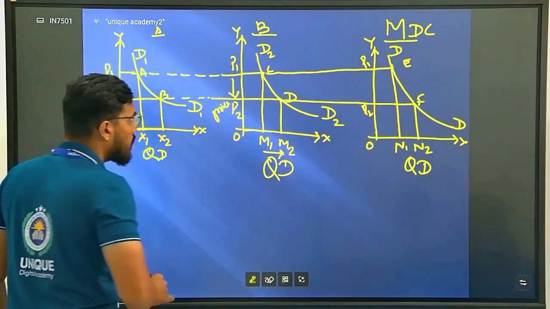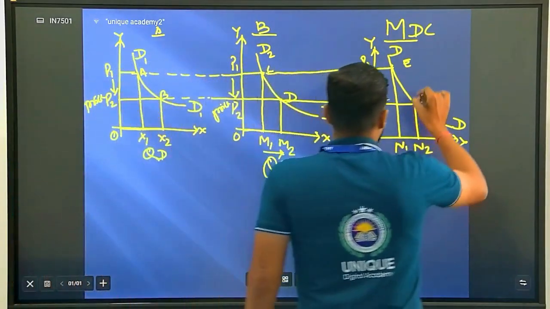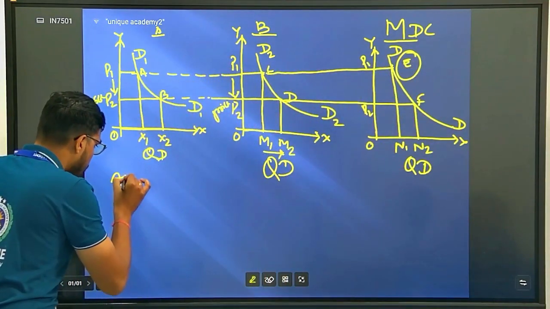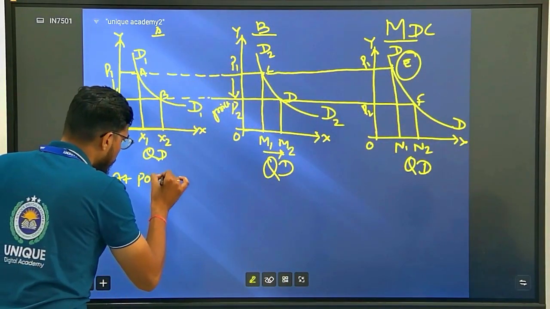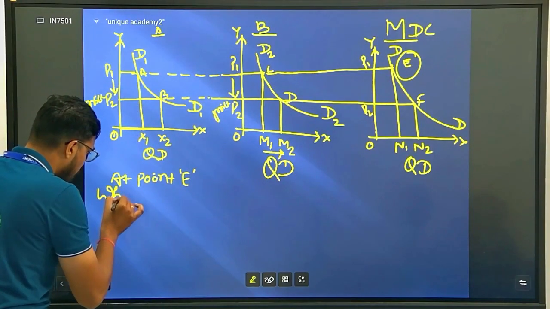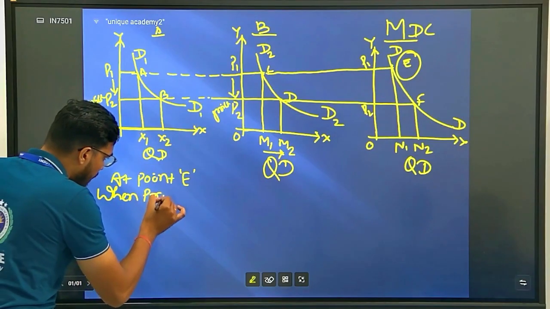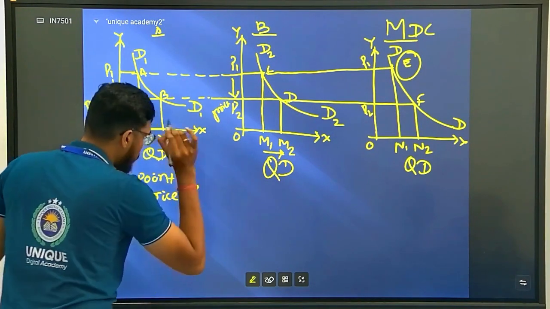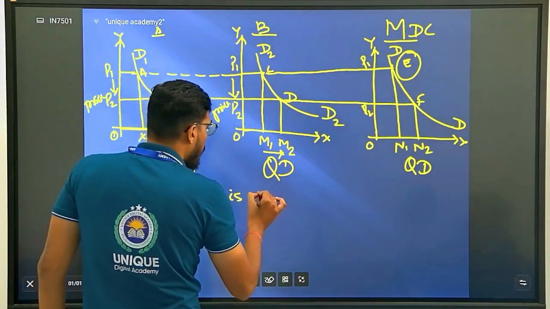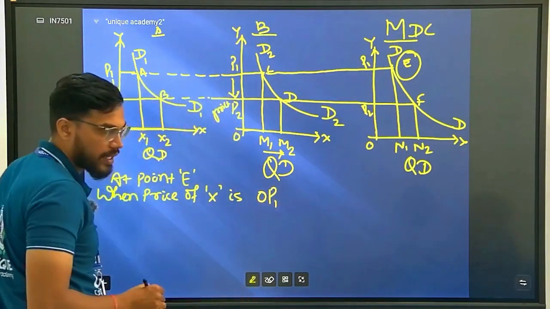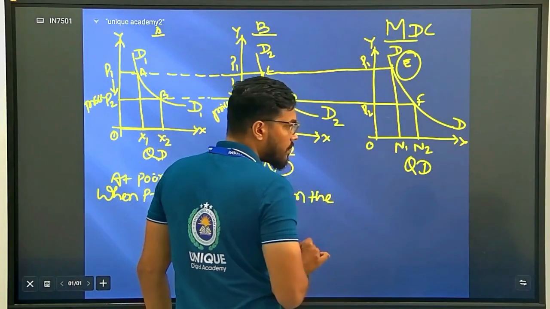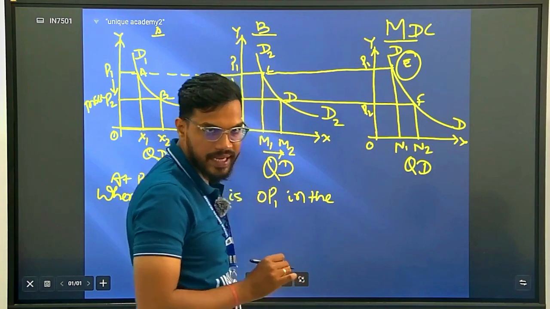So, here at point E, when the price of commodity X is OP1 in the market, and what is the definition of market?